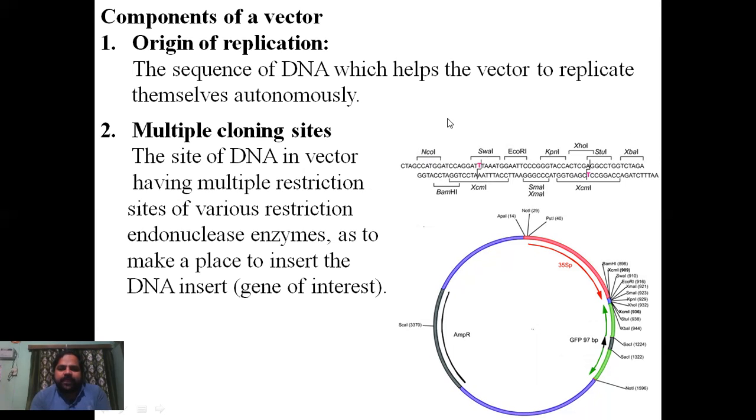It means there are several regions where we can cut the DNA or plasmid where we can introduce the gene of interest by our choice. So this is the site of DNA in vector having multiple restriction sites of various restriction endonuclease enzymes to make a place to insert the gene of interest.